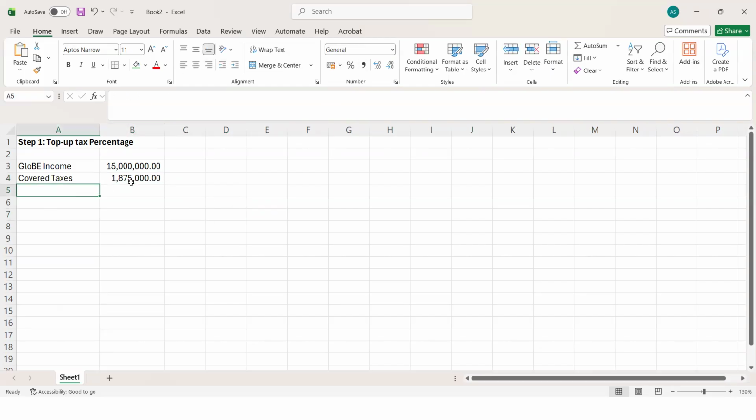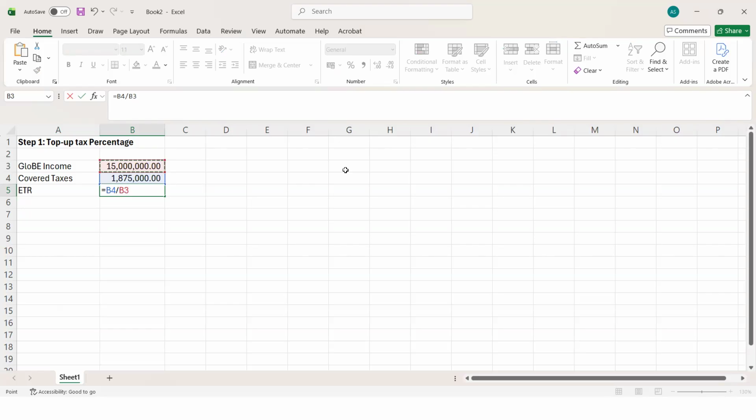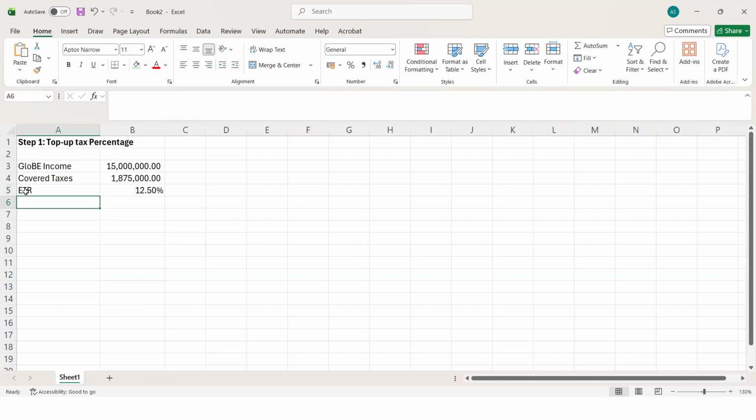right? So in such a scenario, what is my effective tax rate? Effective tax rate is, this is the amount of tax, this is the amount of globe income that I have. So effective tax rate is, I'll take it in percentages, it is 12.5%. So what would be my jurisdictional top-up tax?